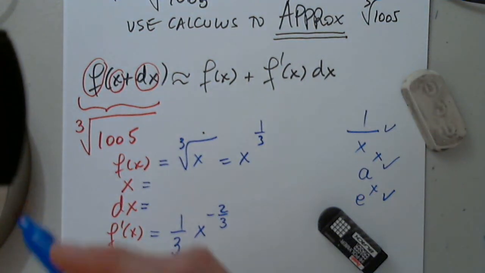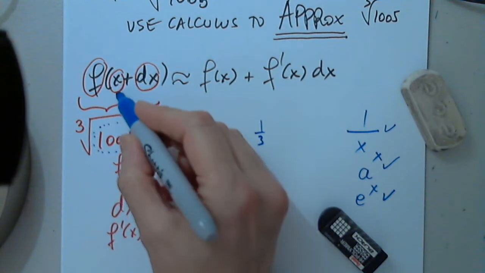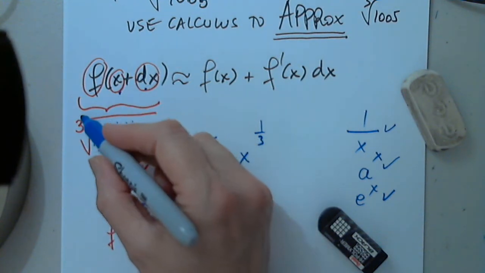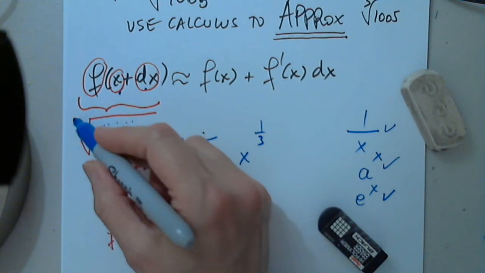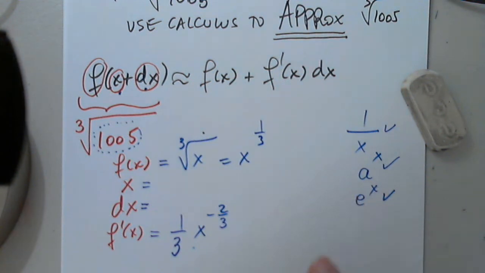Now I'm looking at the number to identify x and dx. x is a number that I can take the cube root from, easy, and dx is the error. What do you think x is? x is 1005.